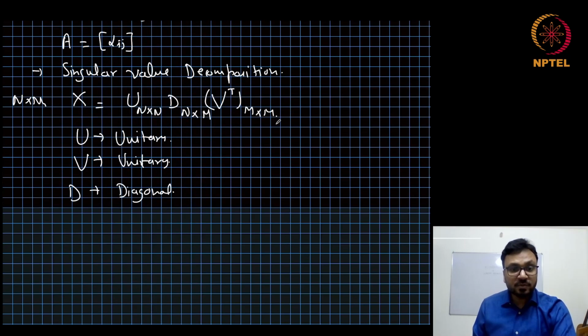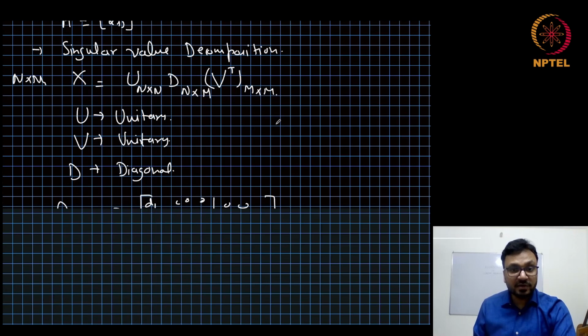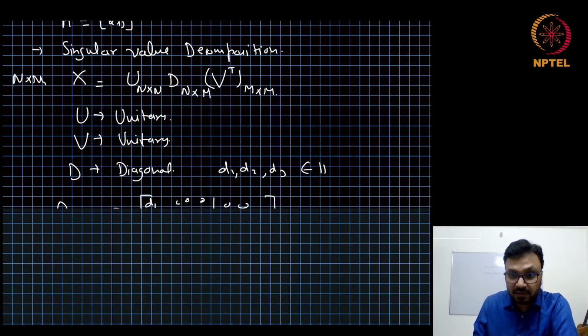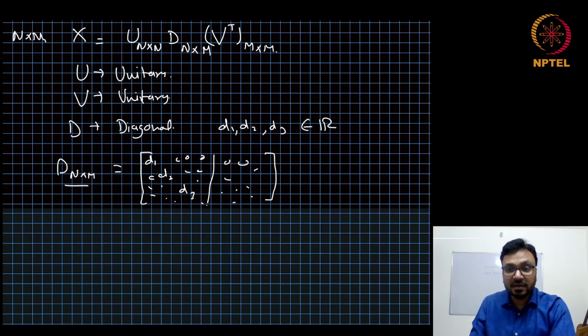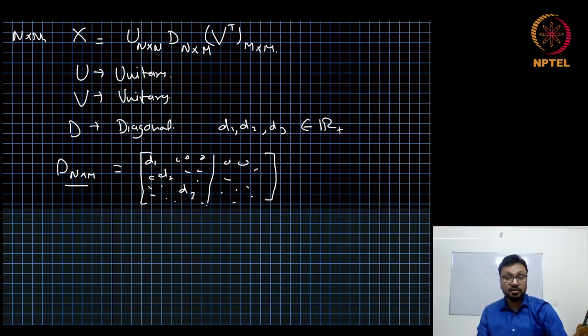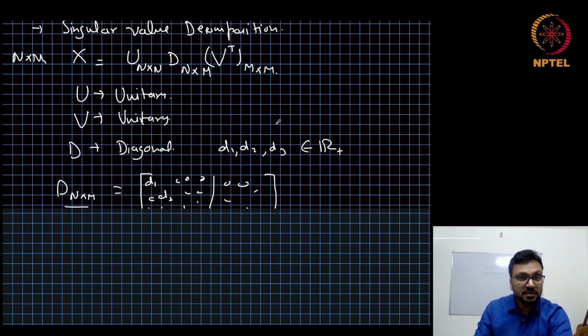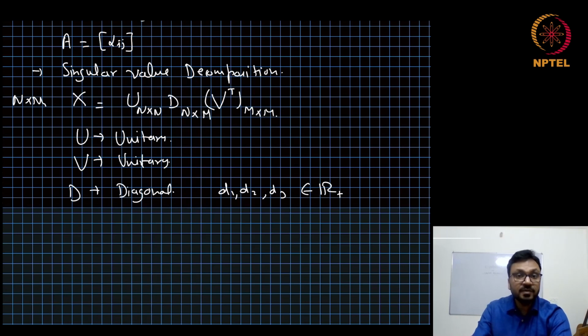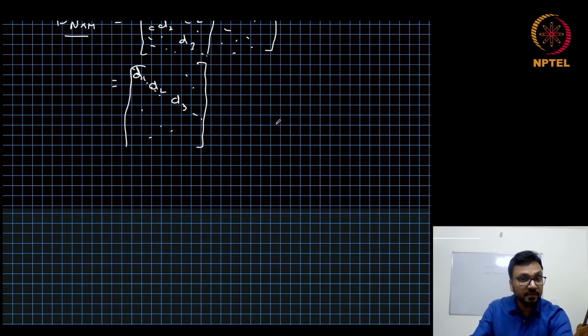Another interesting point about the singular value decomposition is that the diagonal elements D1, D2, D3 are all real and non-negative. They can be 0, but they cannot be negative. So all the elements in D are non-negative numbers. This is a very important decomposition, and we will be using it in our present treatment.